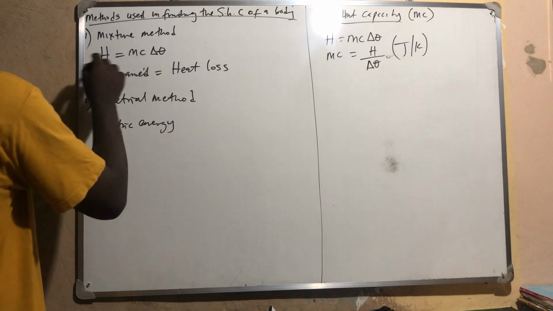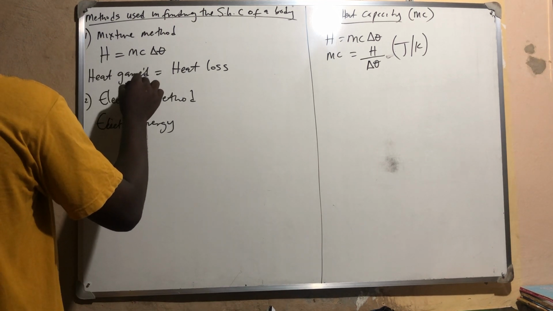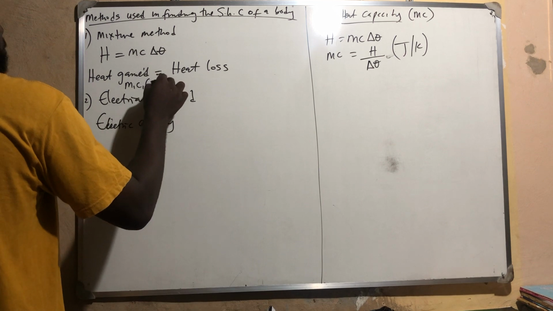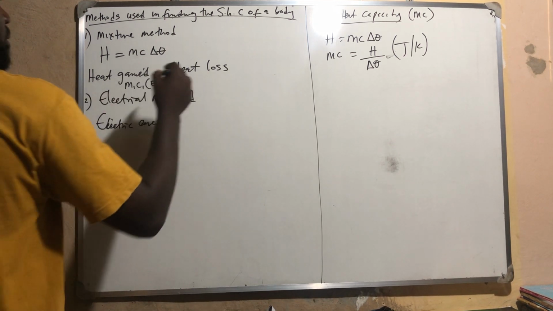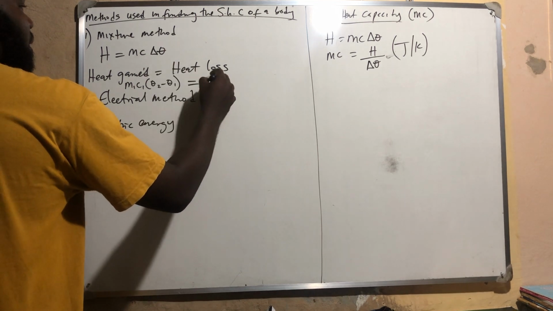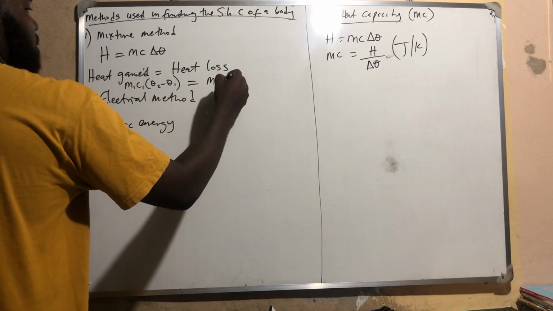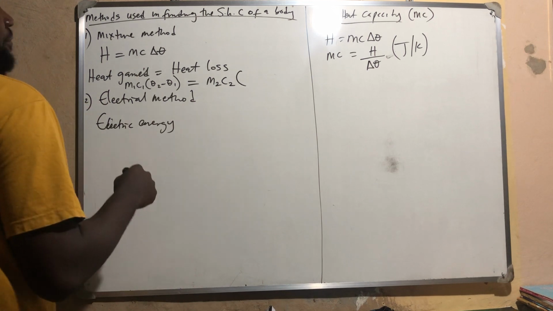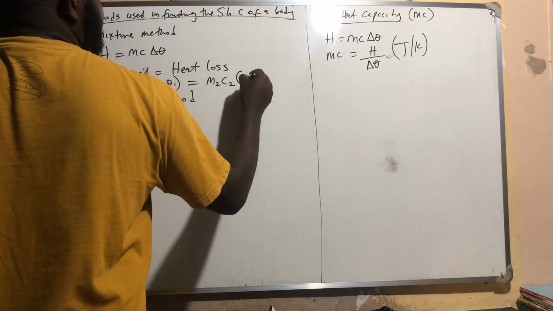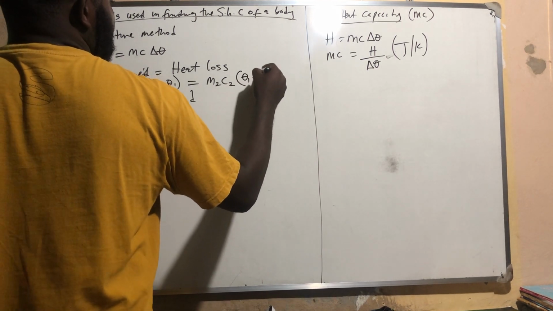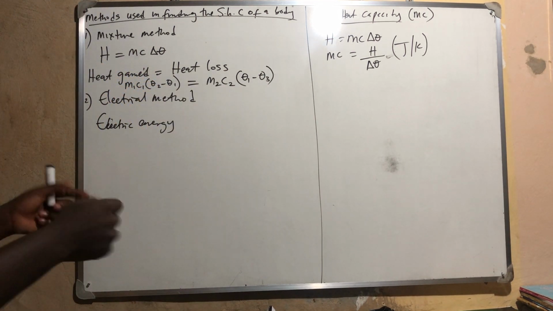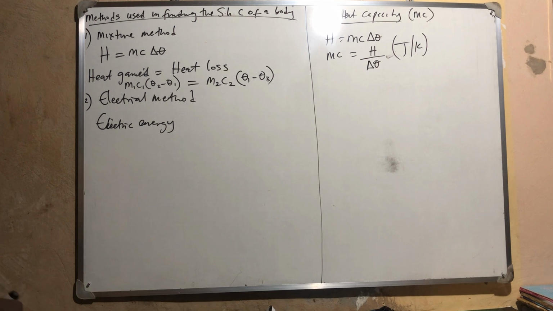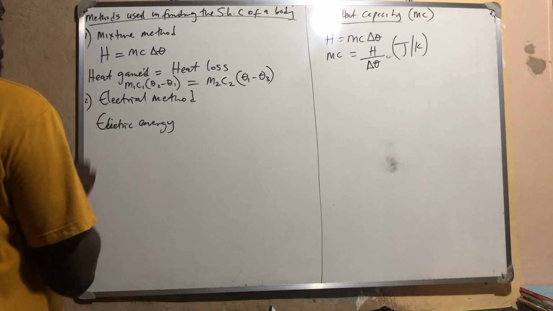You should know that M1 C1 (theta 2 minus theta 1), because it is gained, is equal to M2 C2 (theta 1 minus maybe theta 3), because it is lost. I will show you that. We'll solve some questions to illustrate that. All right, don't bother. Let's come to this.